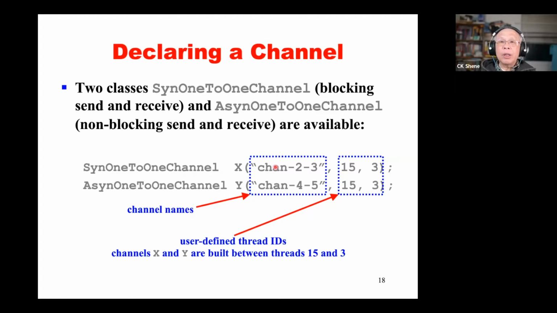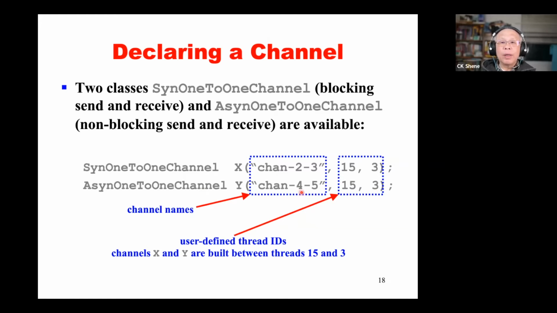Without giving a channel any name, when you use a visualization system, you don't know which channel is doing what and between which threads. So here, Y is an asynchronous one-to-one channel between 15 and 3. The channel name for Y is CHAN-4-5.